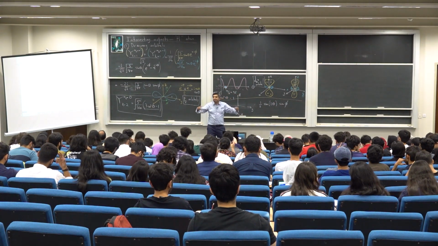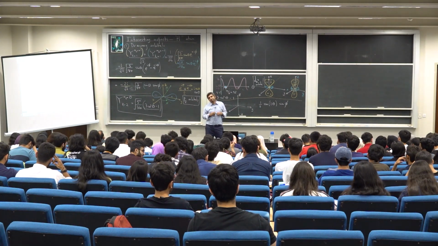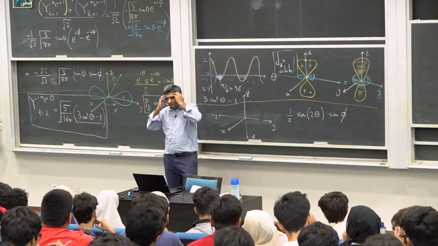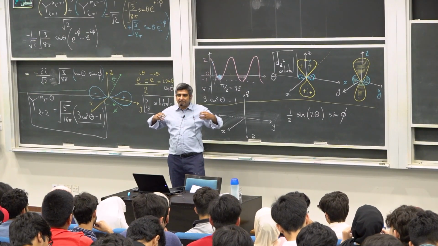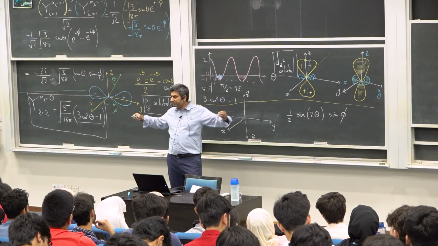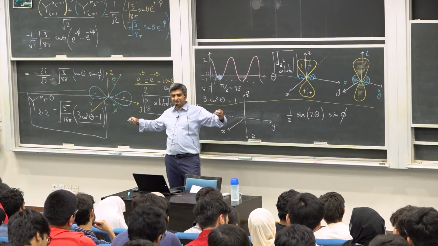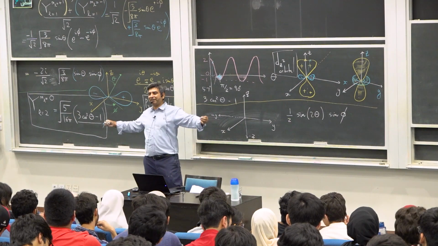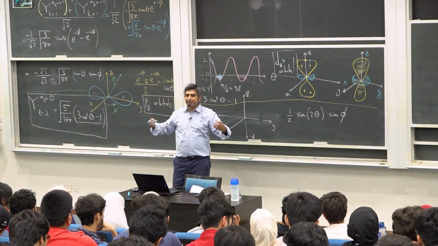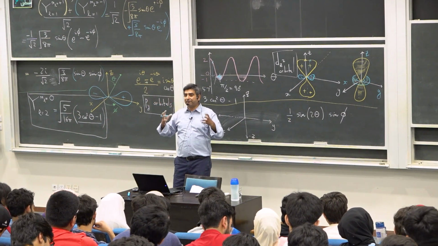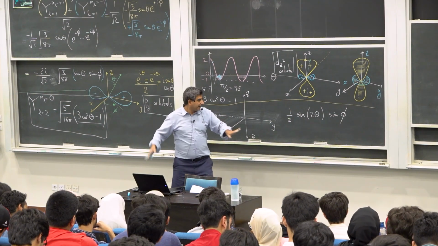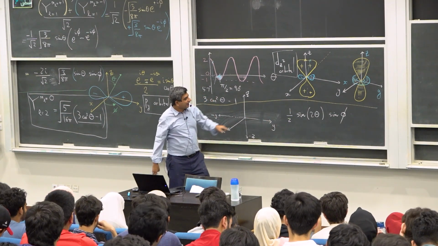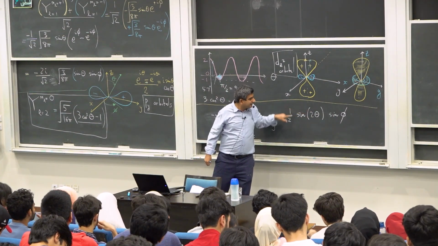Where will I have the maximum orbital? At what value of phi? 90 degrees. So my orbital is kind of clustered around the y-axis, plus minus y-axis. Got it? So at 90 degrees and 270 degrees, my sine phi has big value in magnitude. Here it's going to be positive, on this side it's going to be negative. Now where is this component maximum?